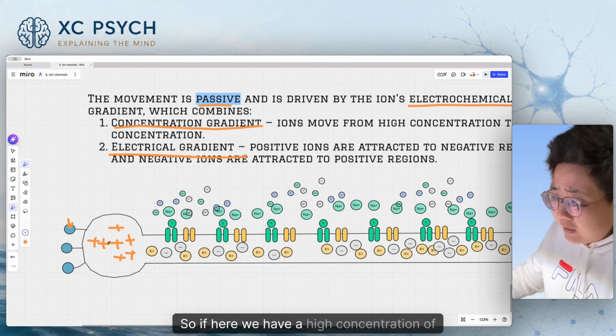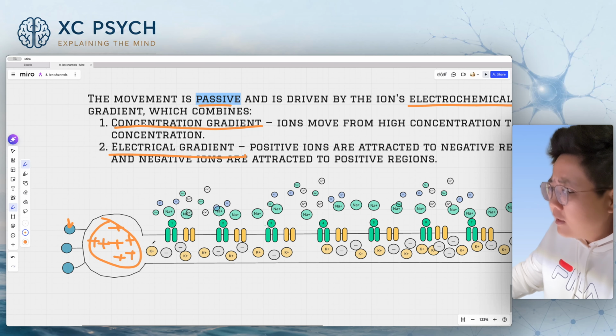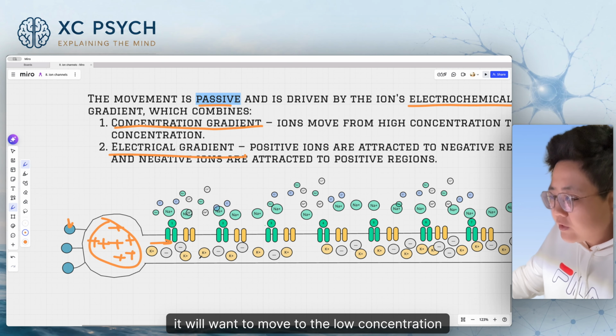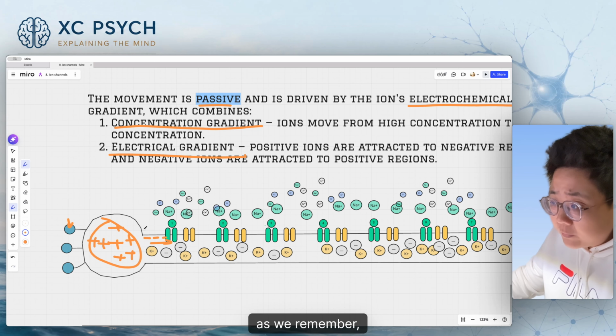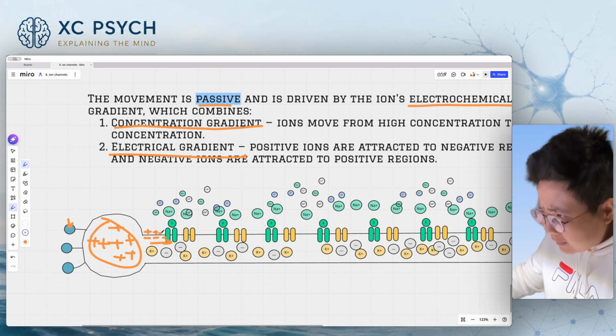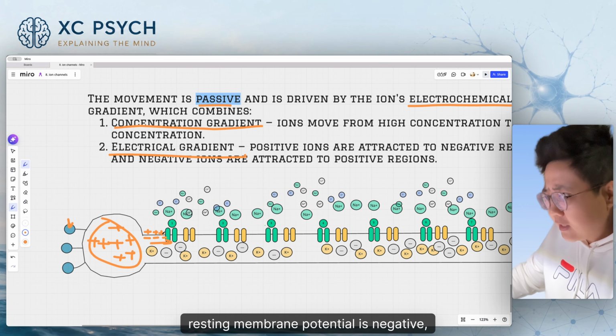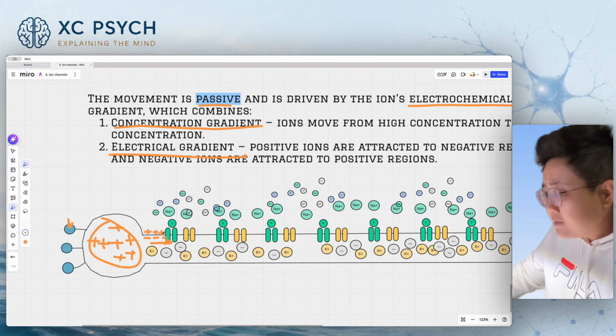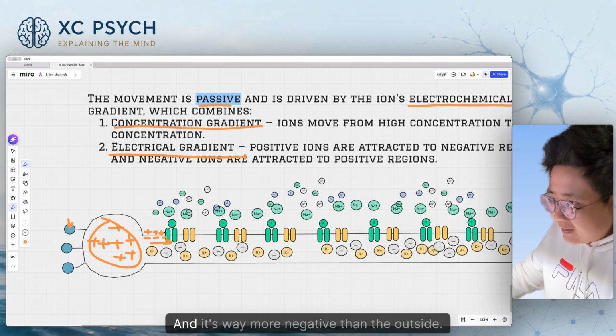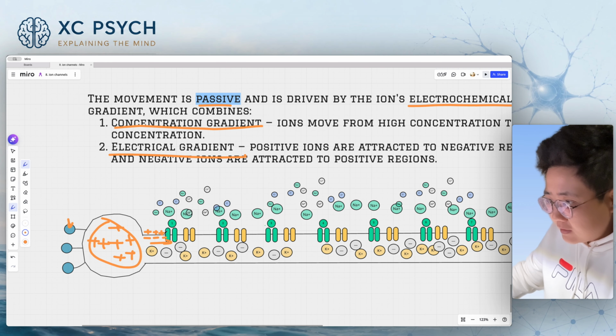So if here we have a high concentration of electrical charges or ions, they'll want to move to the low concentration here. And initially, as we remember, the resting membrane potential is negative 70 millivolts, and it's way more negative than the outside.